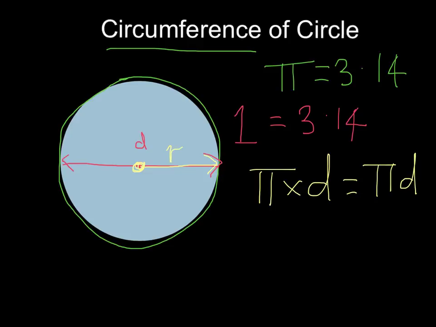So if we're given the radius, we could just double it to give us the diameter, or we can use the formula 2 times pi times r, or in shortened format, 2 pi r. So to find the circumference of a circle, the two formulas you can use are either pi times diameter or 2 times pi times the radius.